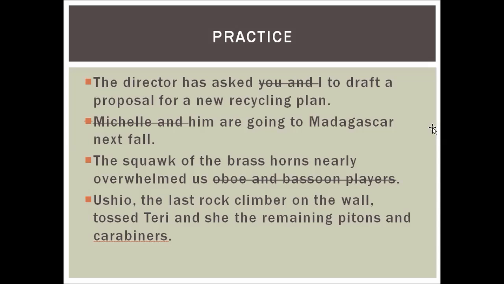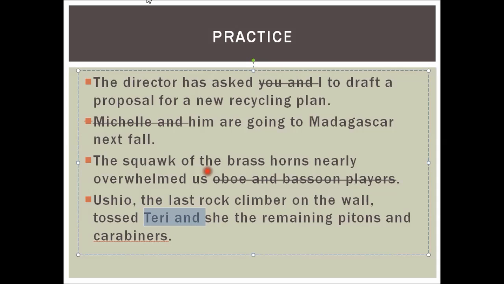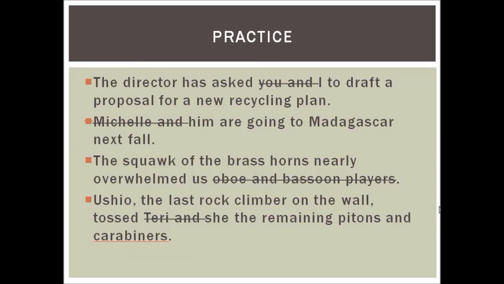Ushio, the last rock climber on the wall, tossed Terry and she the remaining pythons and carabiners. So if we cross out Terry and, we can hear if that's correct. Ushio, the last rock climber on the wall, tossed she. Nope, should be her. So Terry and her would be the way to revise that sentence.